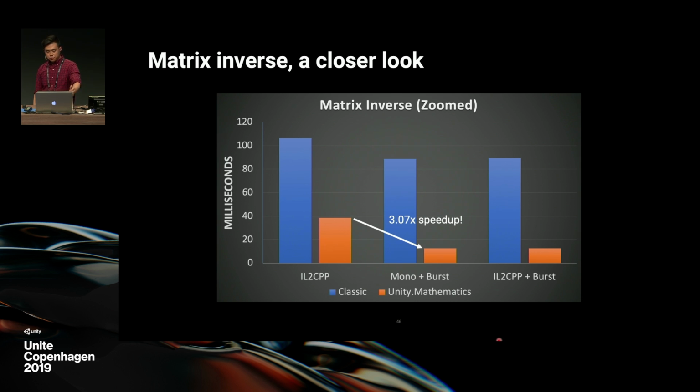But then, looking at just Unity.Mathematics, if you look at IL to CPP versus a Burst build, even there's a 3 times speed up. You might think, it's all compiled code, why is it so much faster? Shouldn't all machine code be the same? And the answer is, in fact, no. You can have very different results even with compiled code.